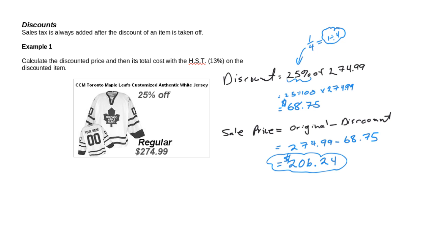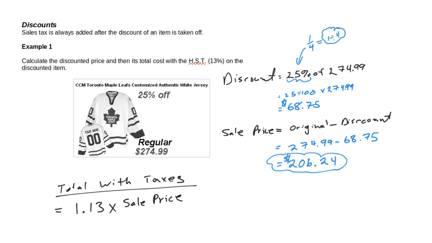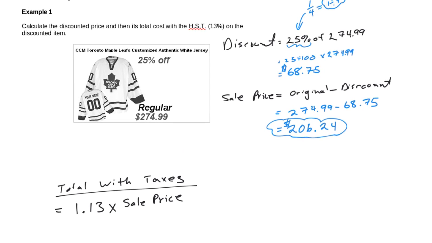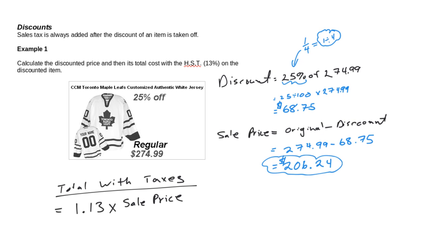Now that you have your sale price, we want to calculate the total price, including taxes. And what I'm going to show you is a shortcut. What we do in order to shorten our calculations is take our sale price and multiply by this number, 1.13.